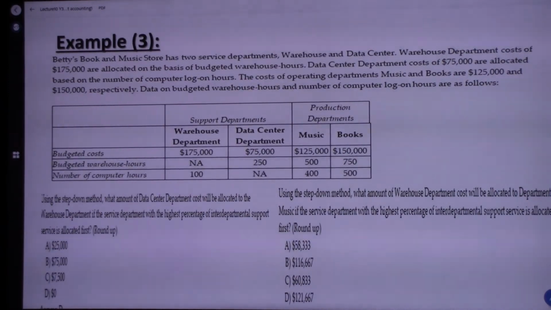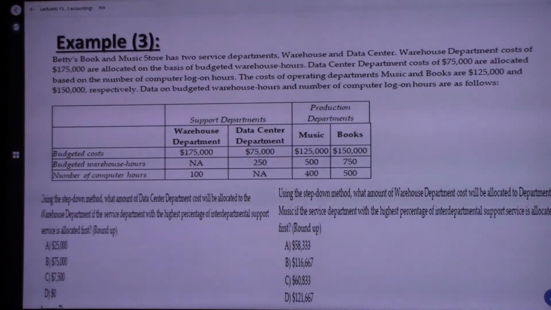The warehouse costs are allocated based on warehouse hours for data center, music, and books. The data center department costs are allocated based on computer hours to the warehouse department, music, and books.